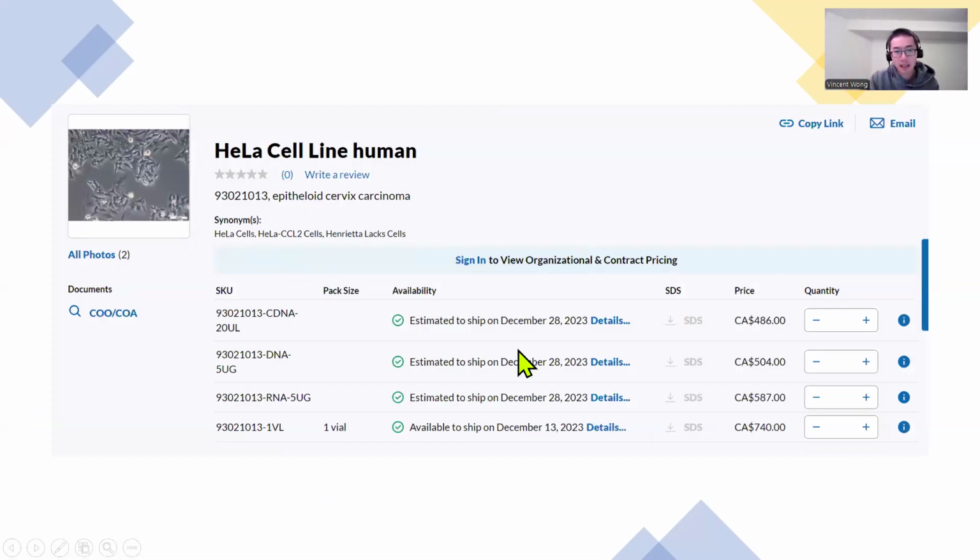You can buy 20 microliters. A microliter is a millionth of a liter. So 20 microliters, you can hardly see it in the vial, and it's going to cost you $486. Now, why are they so expensive? Well, part of the reason is you only have to buy them once, and you can keep on growing them. They don't stop growing.